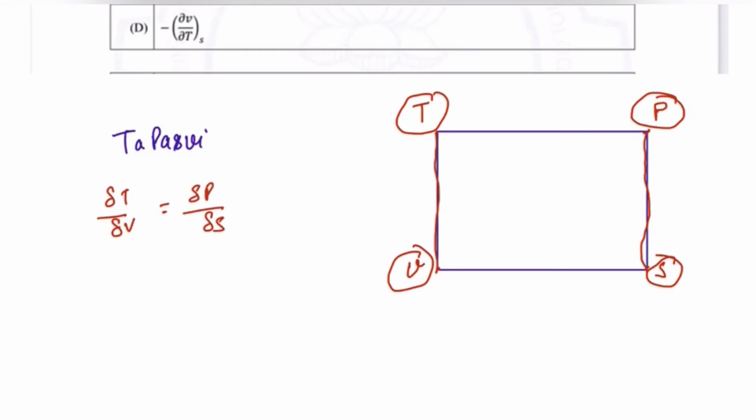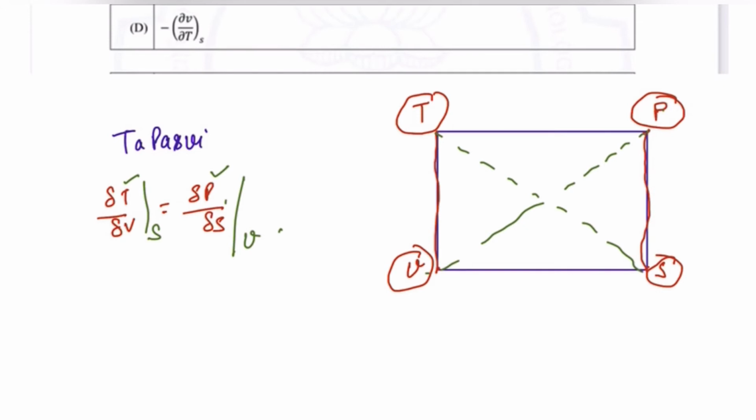Now to write the constants, you follow the diagonal: the diagonally opposite element of T is S, so S is constant here. Similarly, in the numerator we have P, and the diagonally opposite element of P is V, so I write V here.